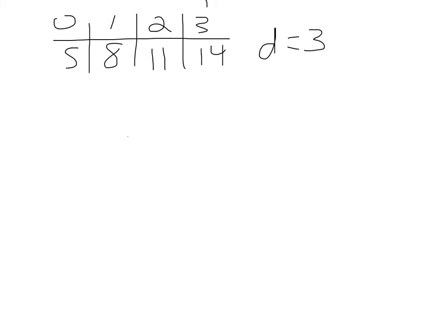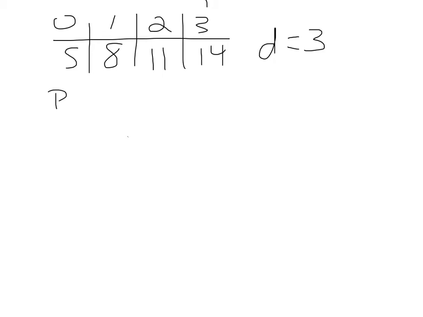All right, so worksheet A, first table there. We've got an arithmetic table because we're adding 3 every time with the initial term being 5.